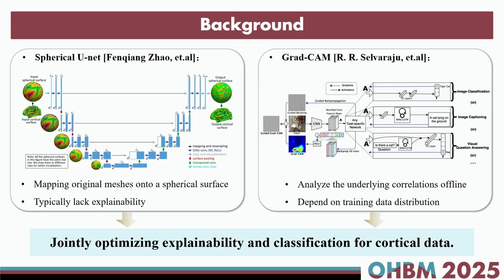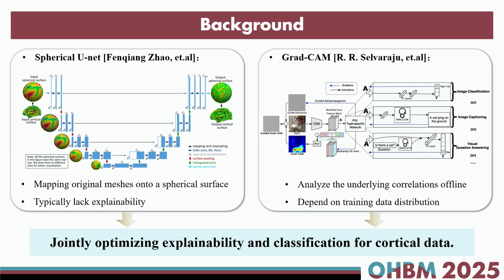While explainable deep learning has been explored actively, applying these methods to neuroimaging data faces 2 key challenges. First, most approaches are designed for gridded data like 2D images. For 3D brain meshes, advanced techniques such as spherical U-Net map meshes to spherical surfaces, achieving good accuracy, but these models lack interpretability.